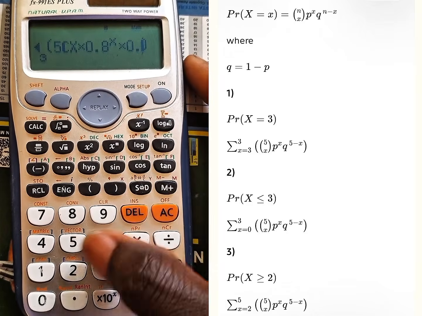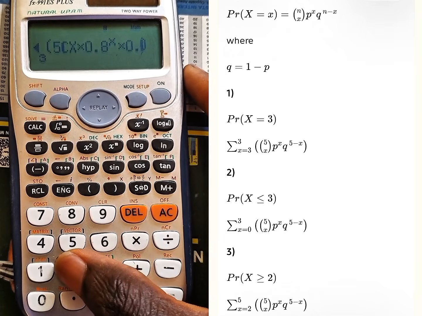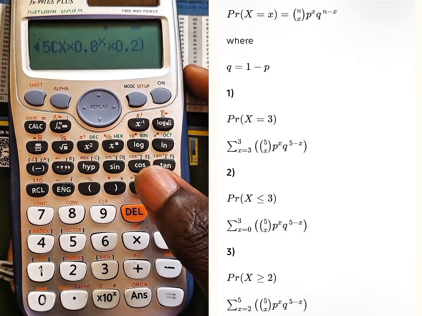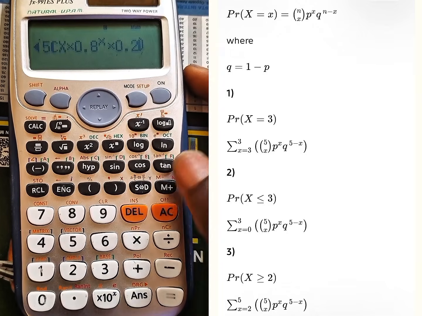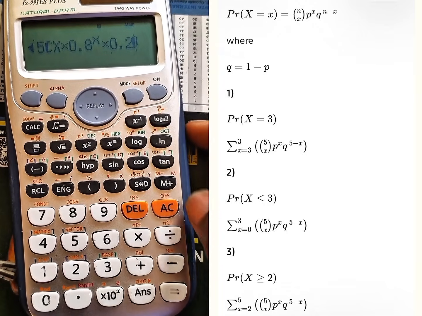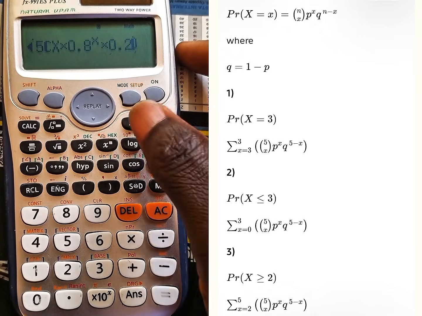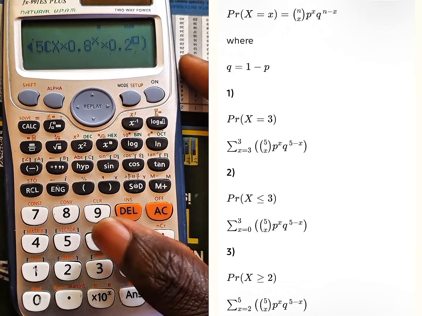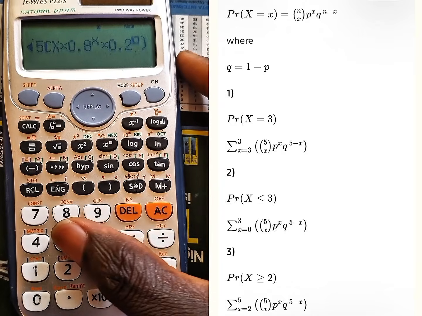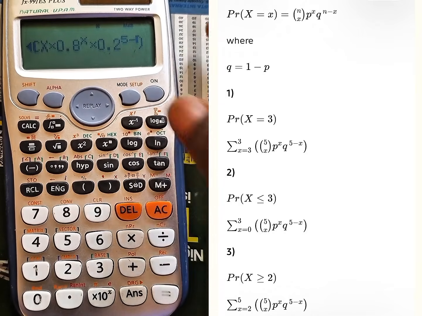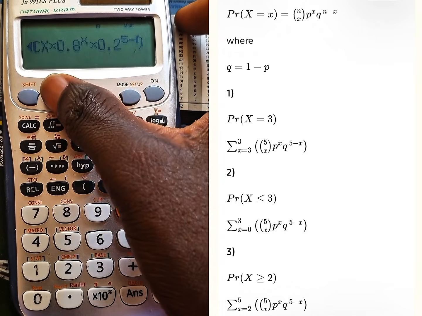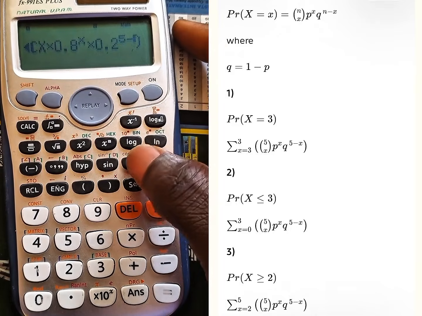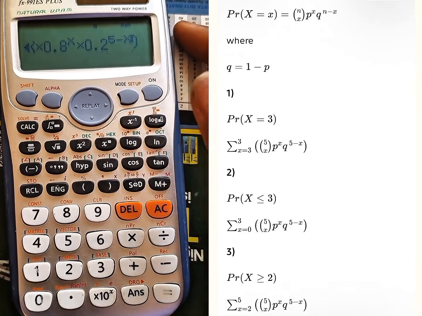Now we have gotten our 0.2, and we raise it to the power of 5 minus alpha x from the formula.